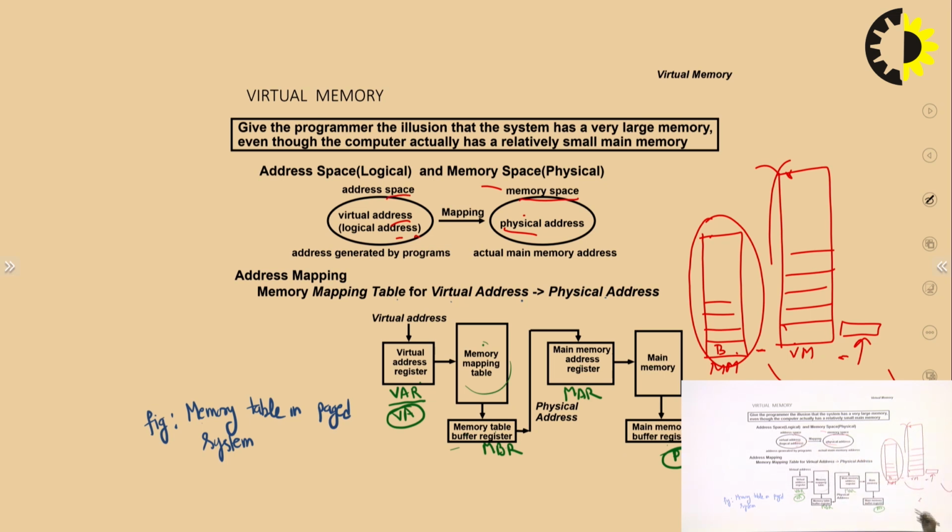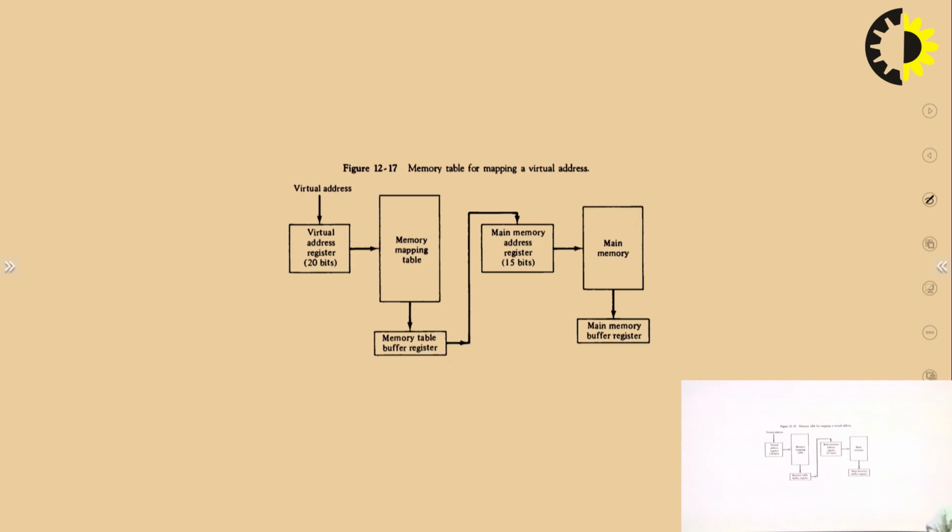So you can find the terms main memory, virtual memory, blocks, virtual addresses, pages, address space and memory space. Now, how are you going to map these particular addresses into the virtual memory? Let's discuss. This is the memory mapping table for the virtual address.